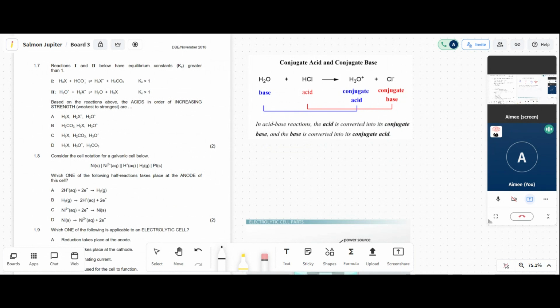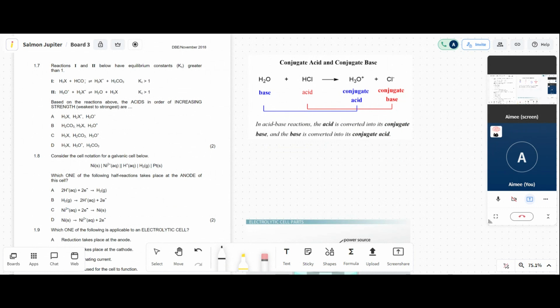So you know that according to Bronsted-Lowry's theory, an acid is something that donates. So you can see here your acid donates a proton. You can see HCl has donated its proton to H2O so that H2O can become H3O positive. Okay, and a base accepts a proton. In this scenario, the proton is an H positive ion.